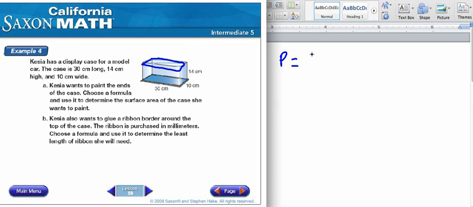So perimeter equals 2 times the length plus 2 times the width, because you have to do this width and this, or this length and the 2 widths. So my length equals 30 centimeters. My width equals 10 centimeters.